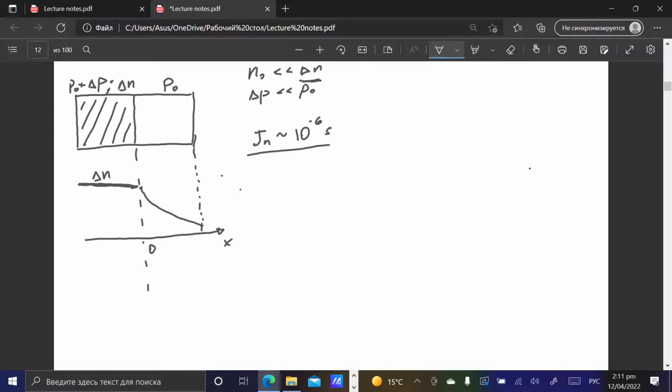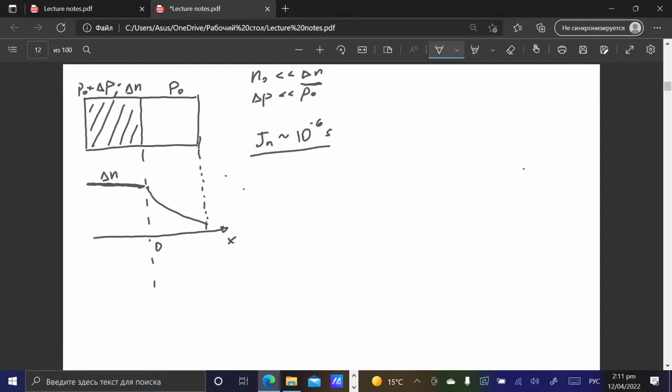This will be much longer than the so-called parameter tau m, which is the Maxwell relaxation time, and we have shown previously that it is somewhere in the range of 10 to the minus 9 seconds. So by 3 orders of magnitude, you can consider that tau m is much smaller than tau n, the recombination lifetime of electrons in this semiconductor. So what does it mean?